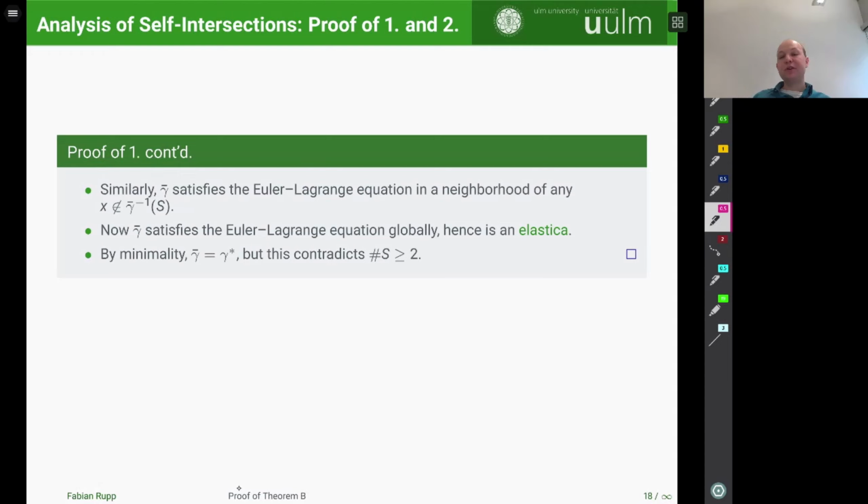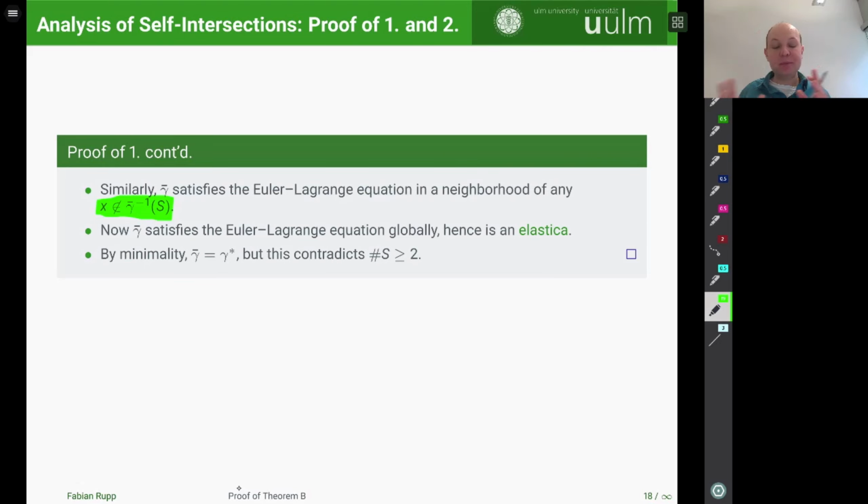To continue the proof, one can similarly show that the Euler-Lagrange equation is also satisfied in a neighborhood of any point which is not in the set of self-intersections, so which is not a point where the curve intersects itself. This you can do with a similar argument as I tried to sketch on the previous slide. And from then, the Euler-Lagrange equation will have to be satisfied globally, right?